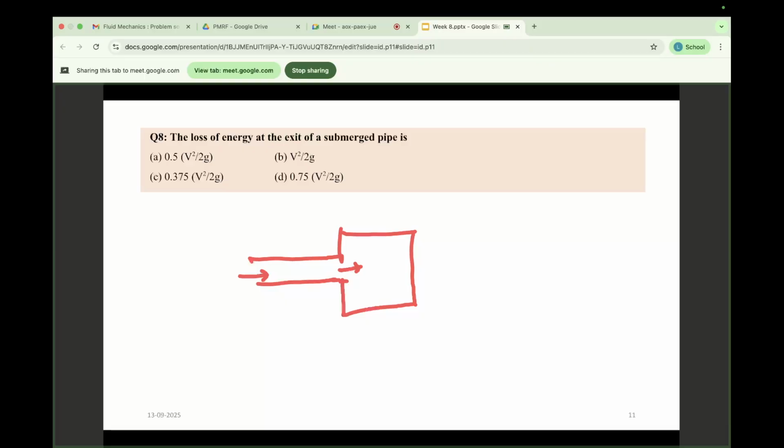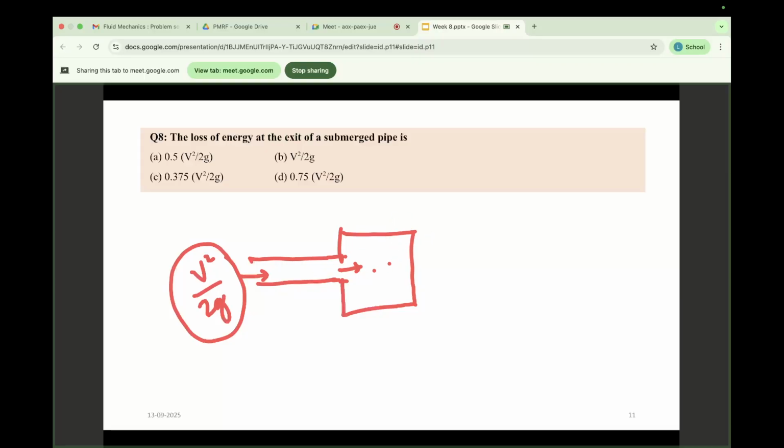While entering this pipe, I know this velocity head is v square by 2g, right? If I assume Bernoulli's equation, all other conditions should be in accordance with Bernoulli's, right? So v square by 2g will enter this block, and this is a very large reservoir. In that reservoir, what will happen?